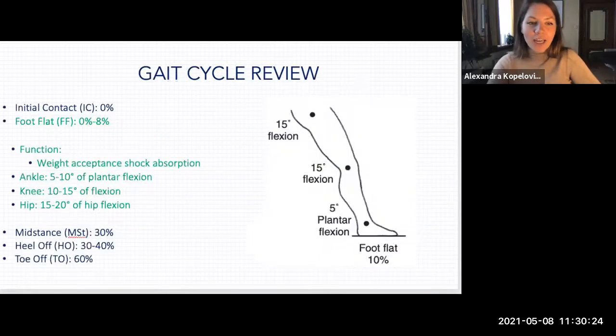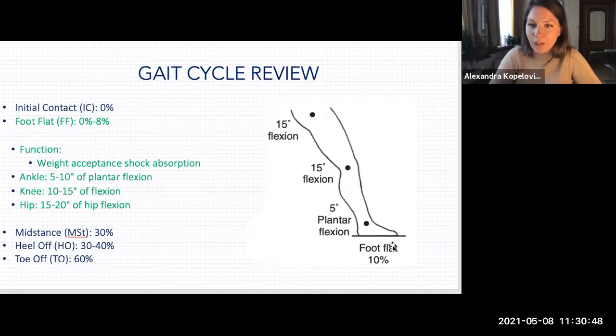So now we're looking at foot flat. With foot flat, the first thing you should notice is that everything goes into flexion. We have 5 degrees of plantar flexion at the ankle joint, 15 degrees of flexion at the knee joint and 15 degrees of flexion at the hip joint. So everything moves into flexion. And you have to know the reasoning.